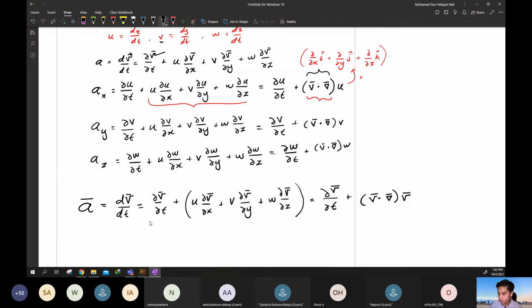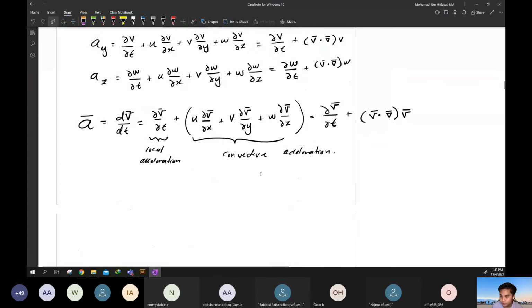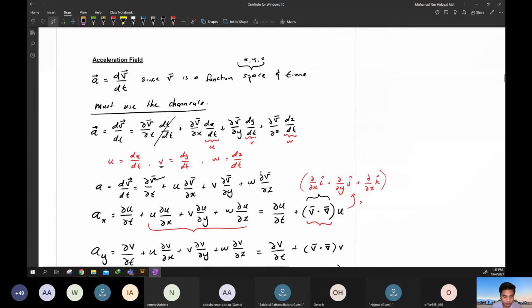Normally we call this the local acceleration, normally we use the velocity over time. However, for this part, we call it the convective acceleration. This is how we do the derivation of the velocity and acceleration field.